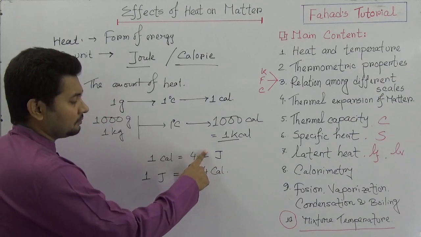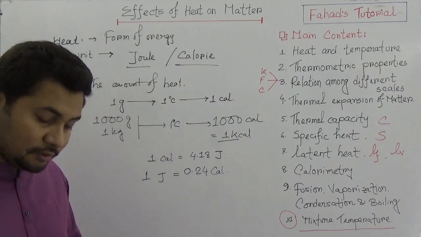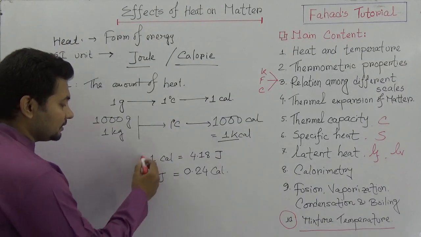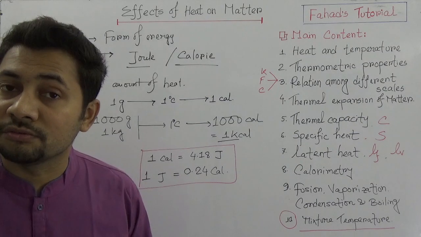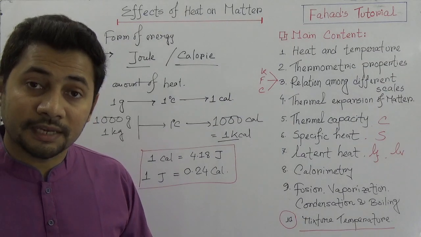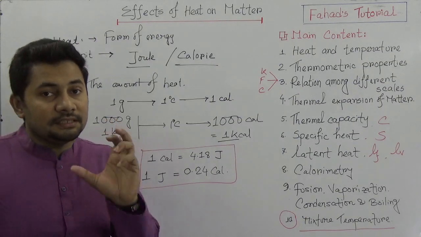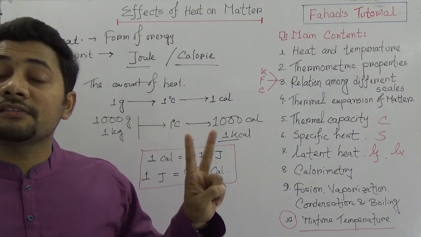Actually it is 4.2, or you can say 4.18 joule. In both cases these are right. So 1 calorie is 4.18 joule, or 1 joule is equal to 0.24 calorie.